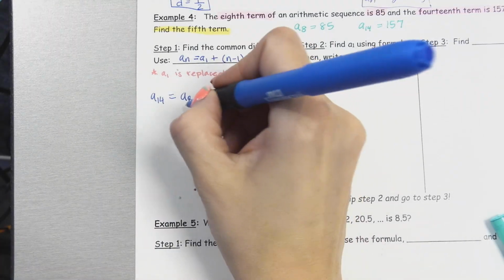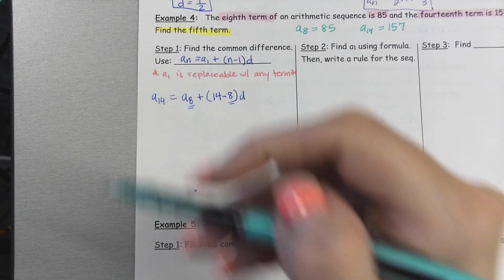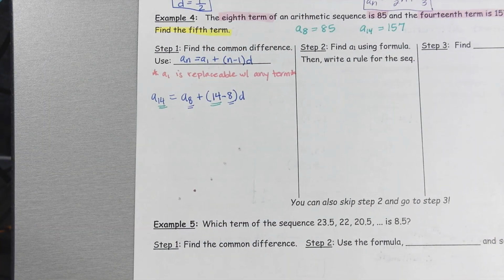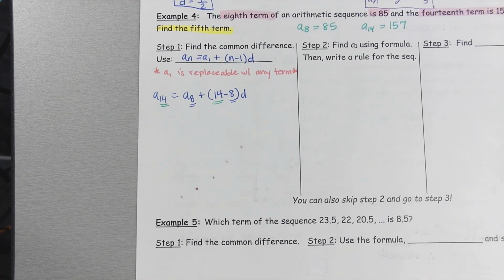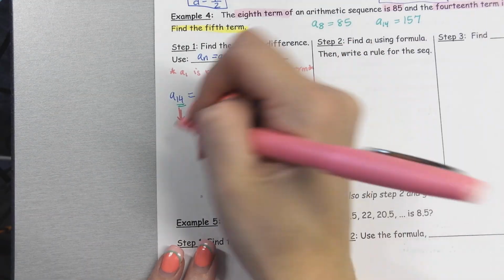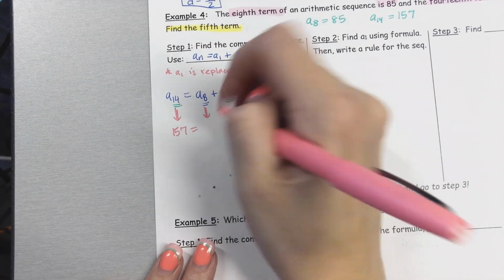Okay, so if this is an 8, this is an 8. This is 14, so this is 14. Okay, those correlate. Now we're just going to do some substitution. Okay, so a sub 14 is 157. A sub 8 is 85.